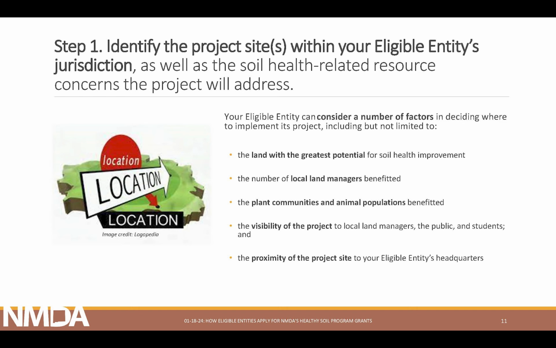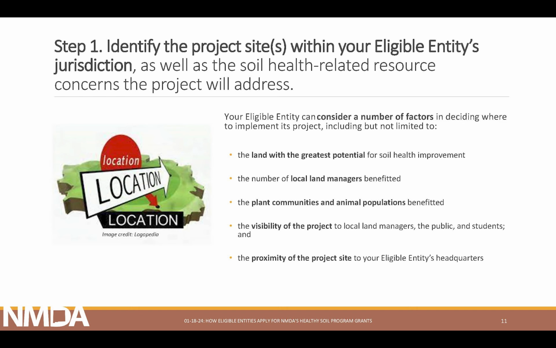Some of these factors can include the land with the greatest potential for soil health improvement, the number of local land managers that might be benefited from this project, the plant communities and animal populations that might be benefited, the visibility of the project to other local land managers, the public, students, etc. So you might consider where the project occurs so that it's visible to a variety of land users or potential beneficiaries of the project.